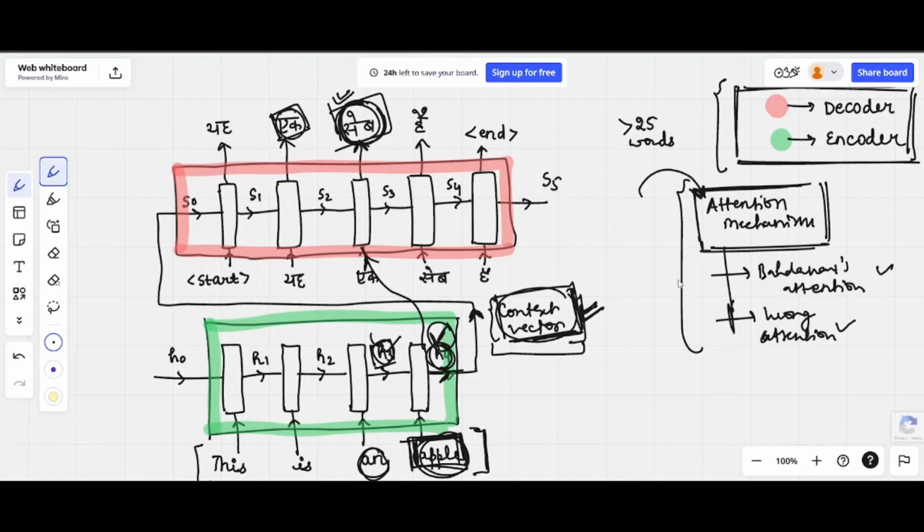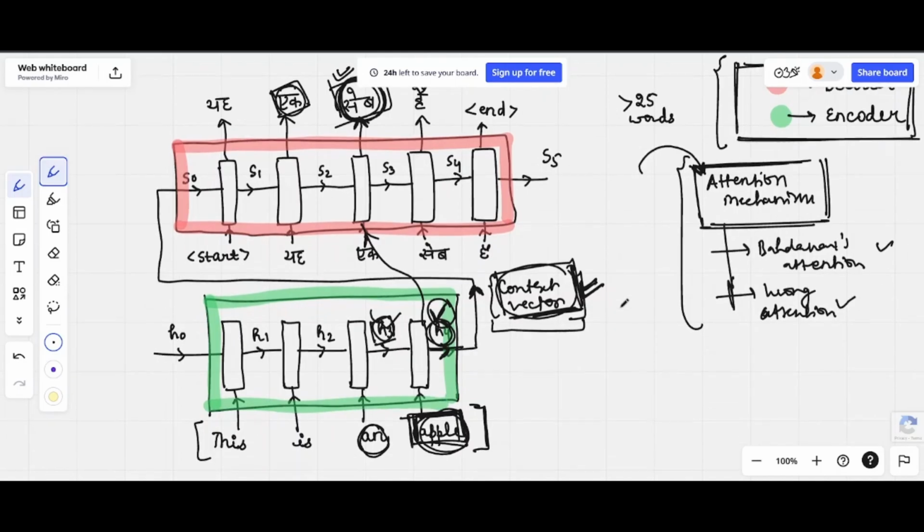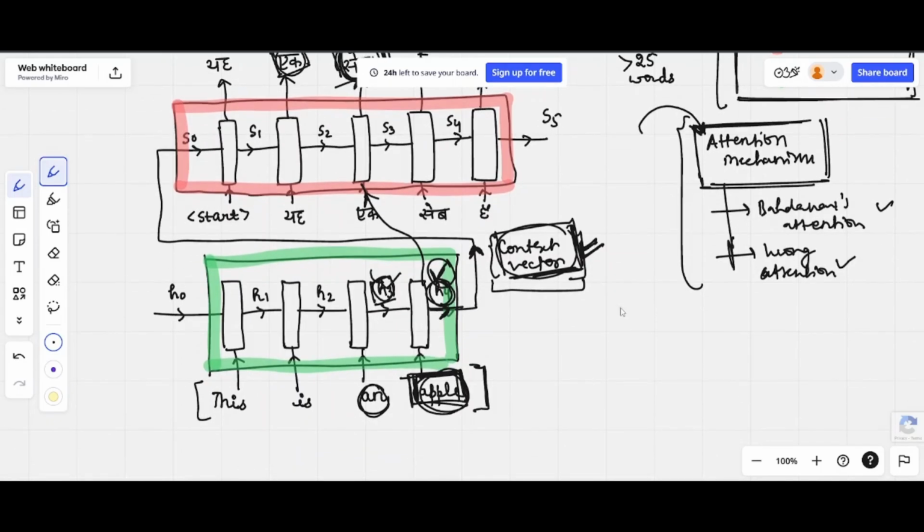So now let's think about it. For the attention mechanism, what do we need as input? Let's say I am finding this output for egg. For output egg, what are the inputs? The first input is S1, and what time step is it?